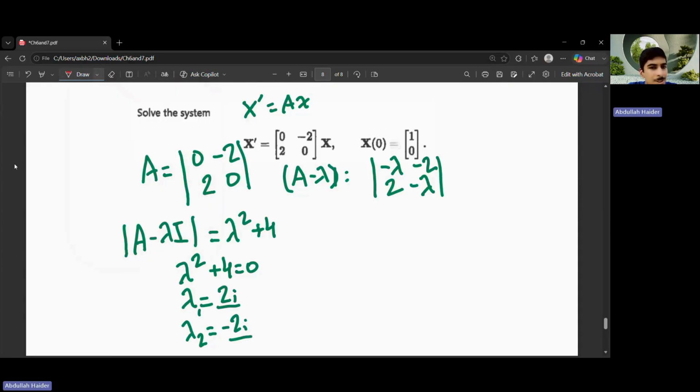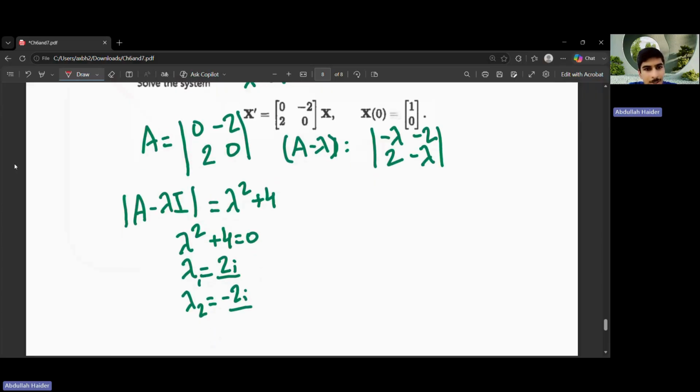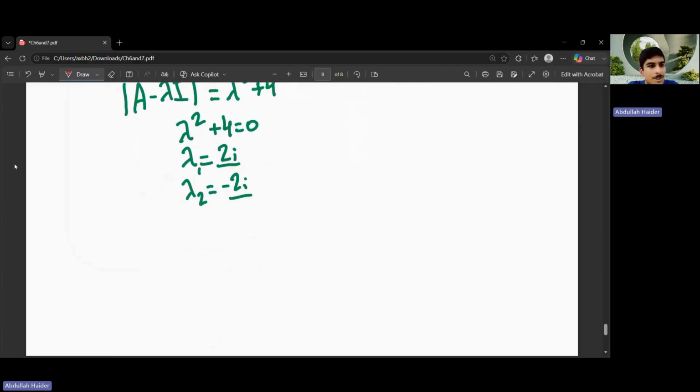And to be honest, there's really not much difference in dealing with them. What you will do now is, when you have lambda 1 and lambda 2, when you have 2i and minus 2i, it's always preferred to take the positive one only. So you can say that the second lambda, which is minus 2i, will not be used in the next steps.